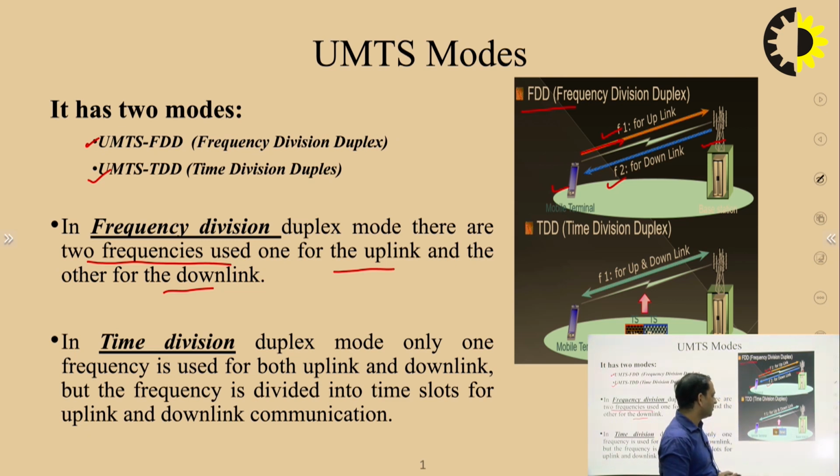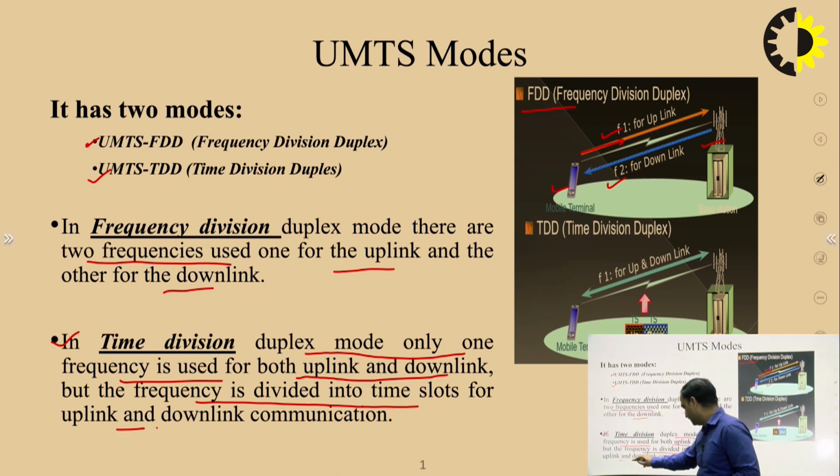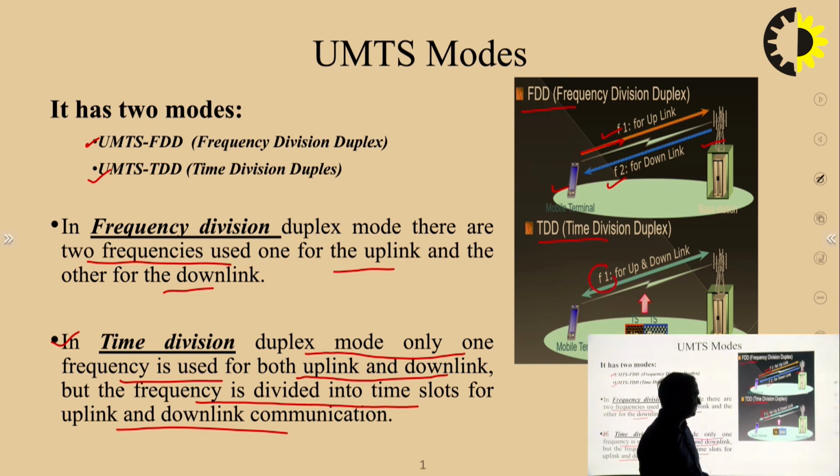But in the case of time division duplex, only one frequency is used for both the uplink and the downlink, but the frequency is divided into time slots for uplink and downlink communication. So in TDD, only one frequency will be used, it may be F1 or F2. Say the F1 frequency is used for the uplink and the downlink.